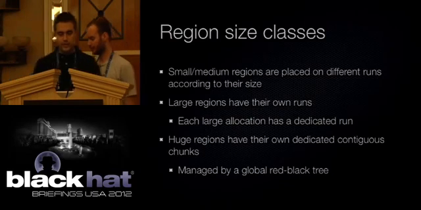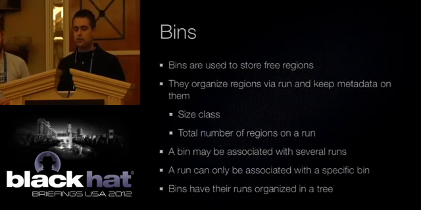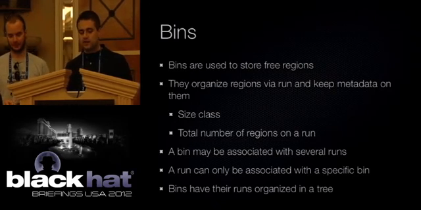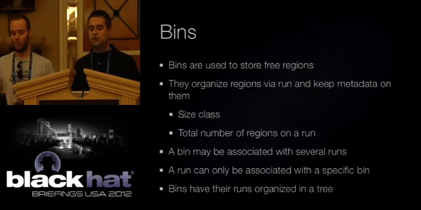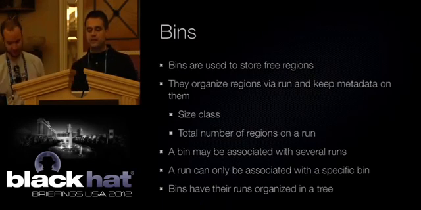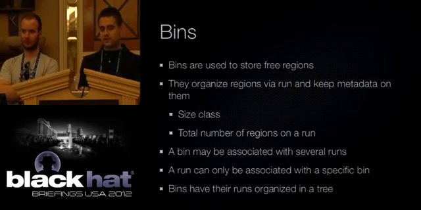Okay, so bins are, as I have already mentioned, the data structure that is used to locate the free regions on the runs. Basically, they're used as an organizational structure to keep metadata on the runs of JMalloc, and they organize them by size class. So for example, for allocations of size 2, there's a dedicated bin.